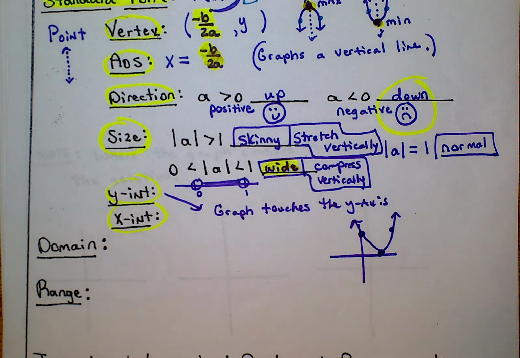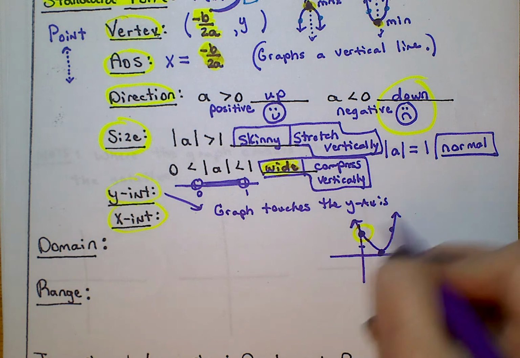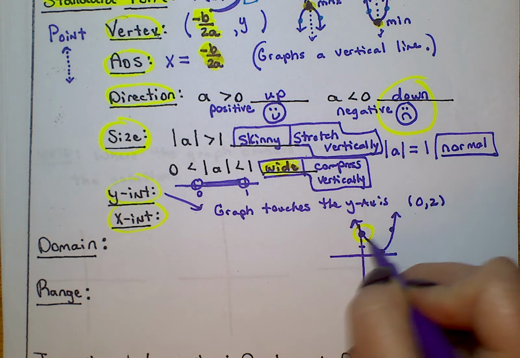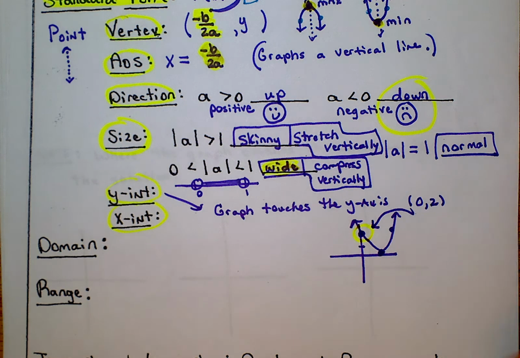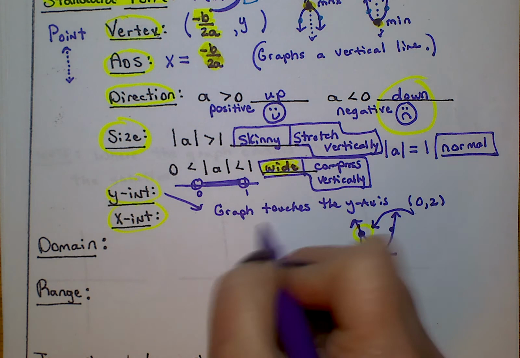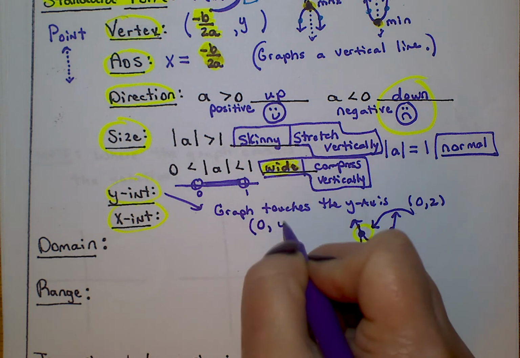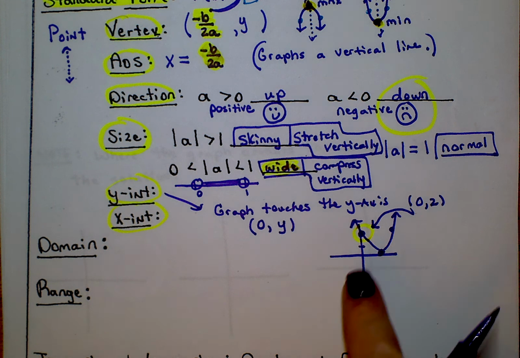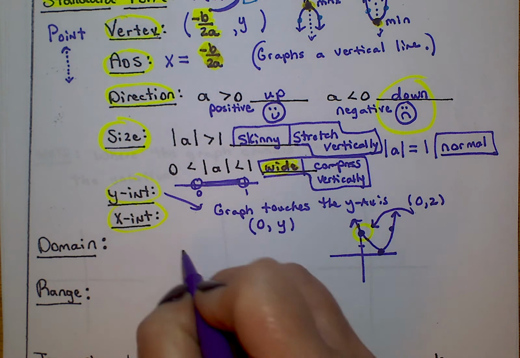If this parabola touches the y-axis right there, I'm going to say that's the number 2. To name that, you would name that as 0, 2. That would be your y-intercept. So to name a y-intercept, your x is always 0, and then you have your y. You're able to find that y either algebraically or visually, looking at it on the graph.